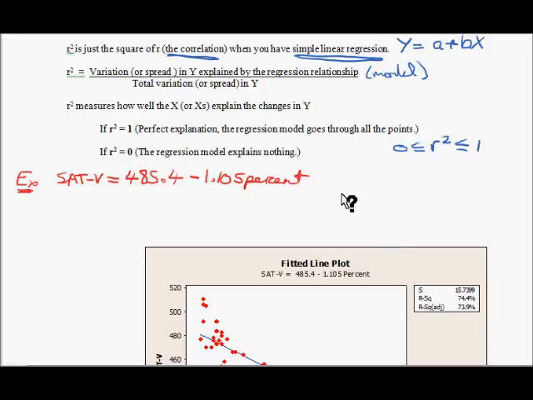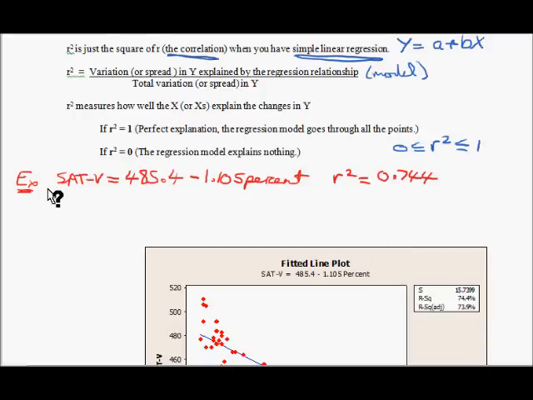And we're given r squared, in terms of values from 0 to 1, if not percentage, it's going to be 0.744 approximately, 74.4%.